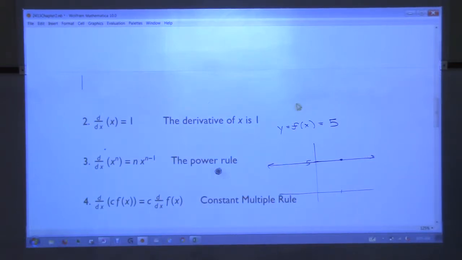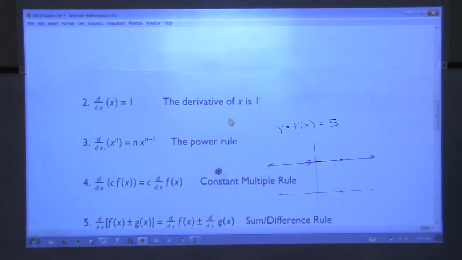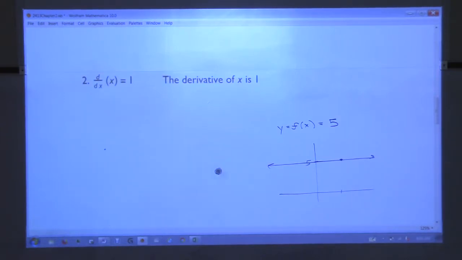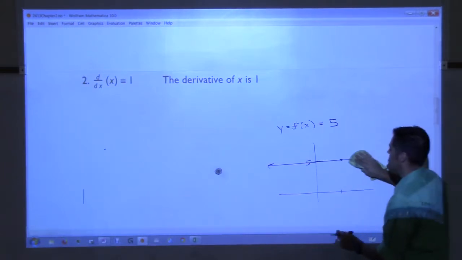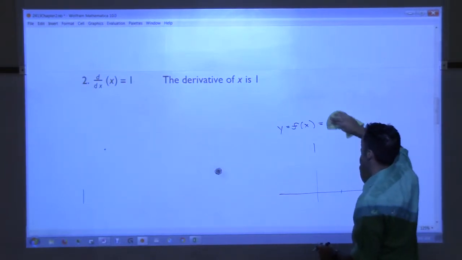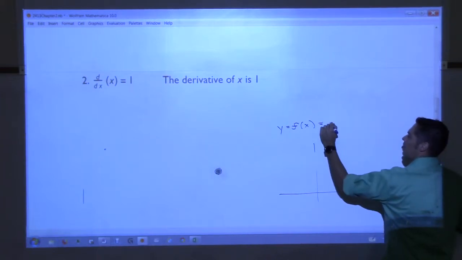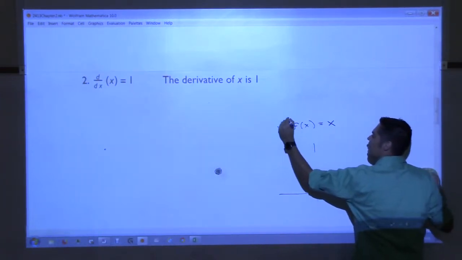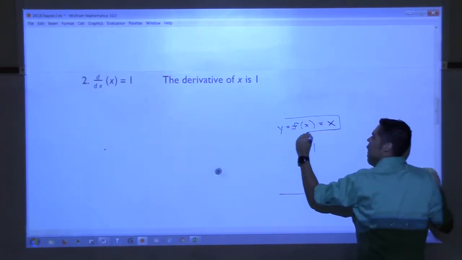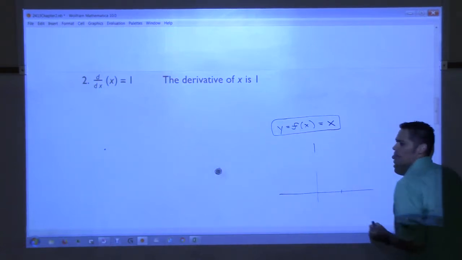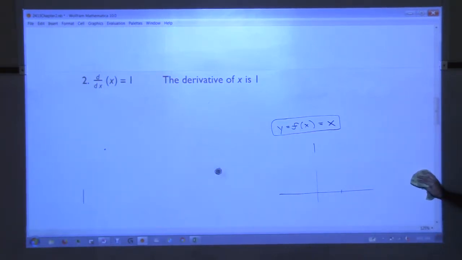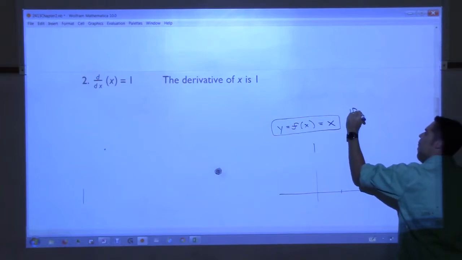The next one. The derivative of x is 1. So let me do this one visually also. If I change this from a constant function to the function f of x equals x. Now, this is a very important function. You may recall that from college algebra as being the identity function.